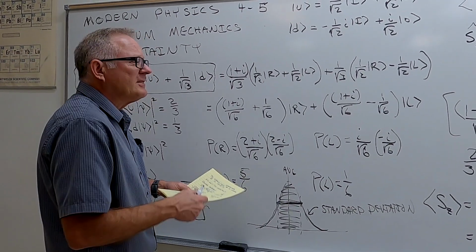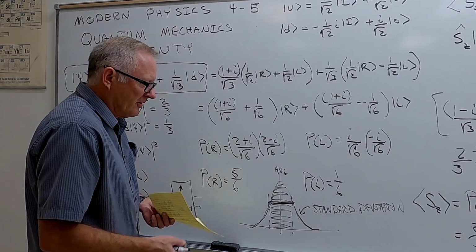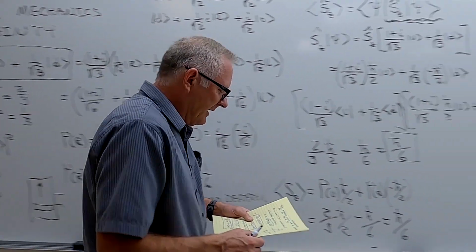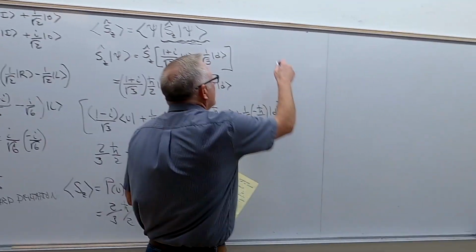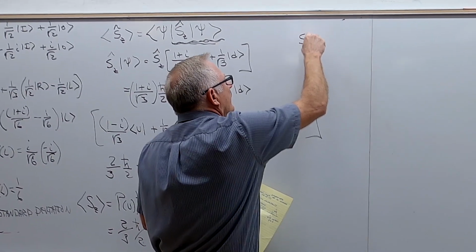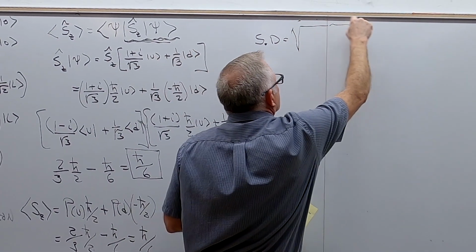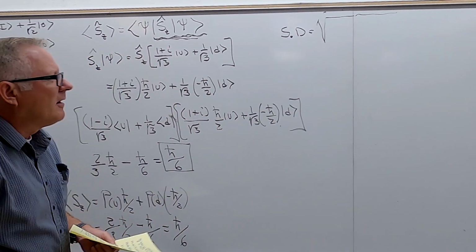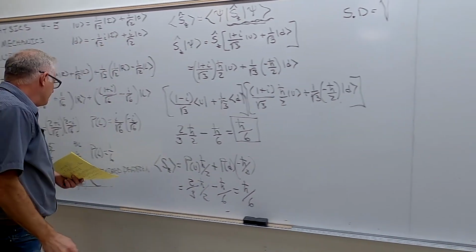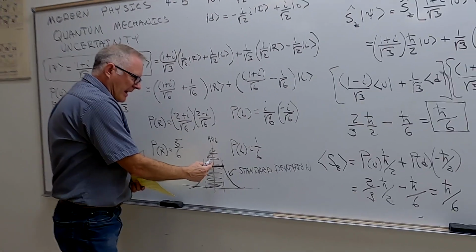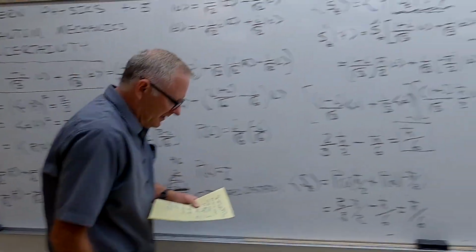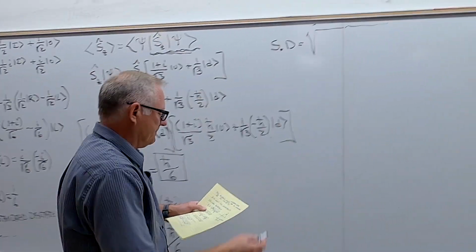Well, there's actually an equation for standard deviation. The standard deviation is the square root of, now what you do is you sum up how much each value is different from the average.